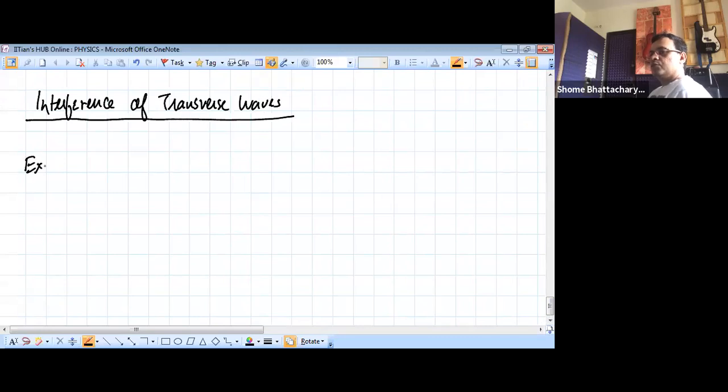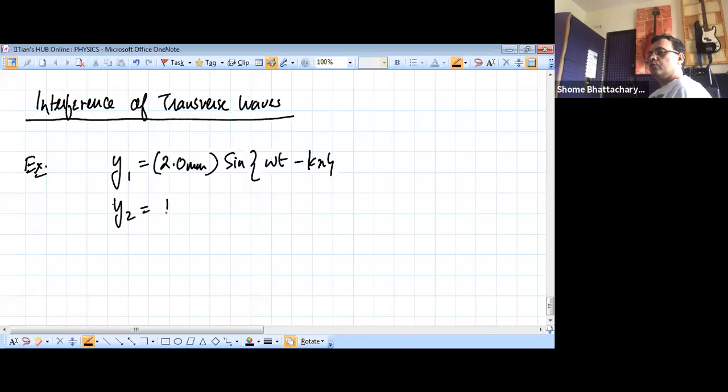So for example, suppose we have something like this. Y1 is equal to, say, 2.0 millimeters sine of omega t minus kx.